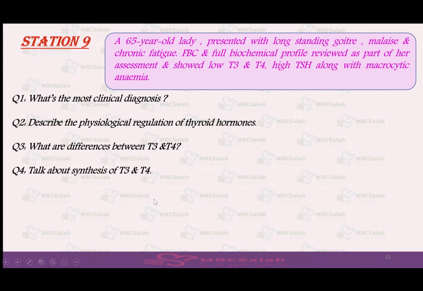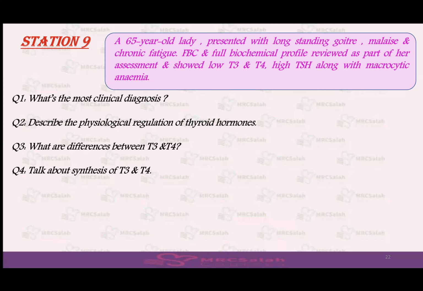Dr. Saeed, talk about synthesis of T3 and T4. Iodide ions enter the thyroid, then by active pumping inside follicular cells, iodide is converted to iodine and combined with tyrosine, forming monoiodotyrosine, then diiodotyrosine.